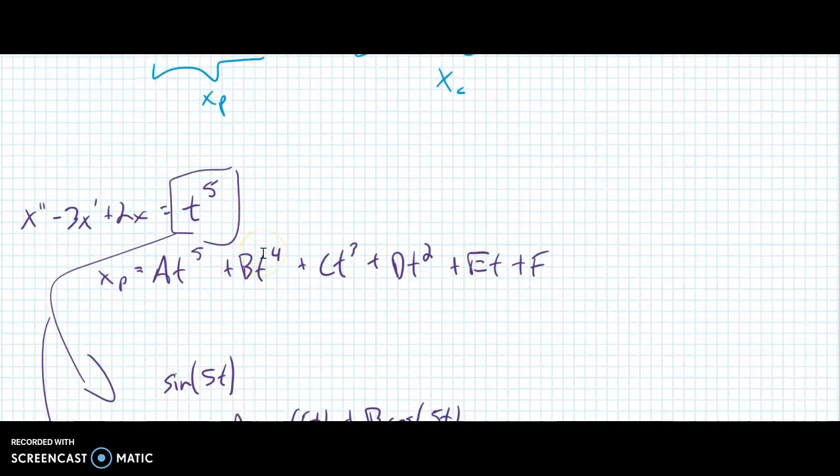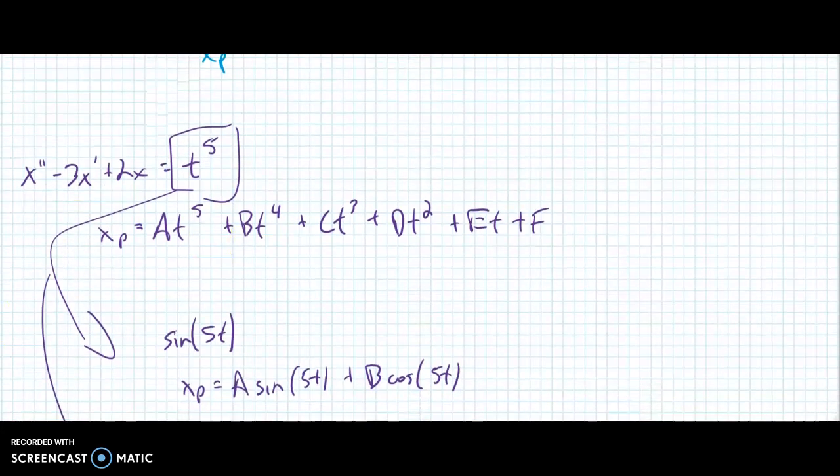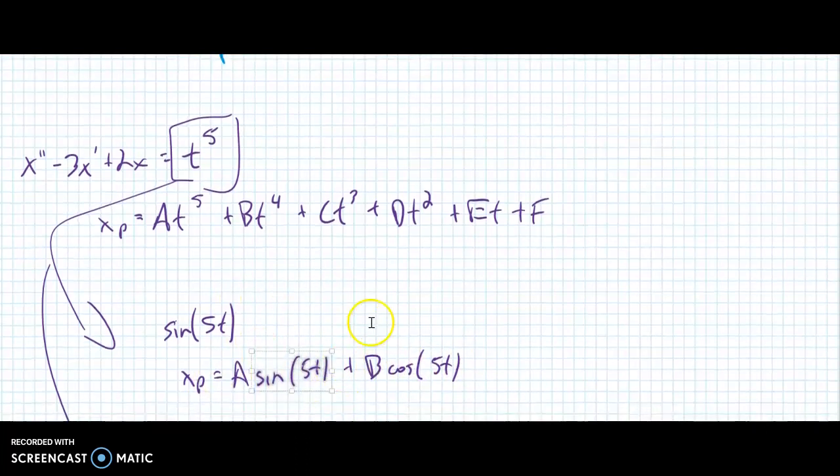What if instead of t to the fifth, I had a sine of 5t? I said you derive until it goes away, which sine's never going to do, or until it repeats itself. We don't care about the coefficient out front. What we're going to do is take a sine of 5t plus b cosine of 5t. That's because if I derive sine of 5t, I get a 5 cosine of 5t.